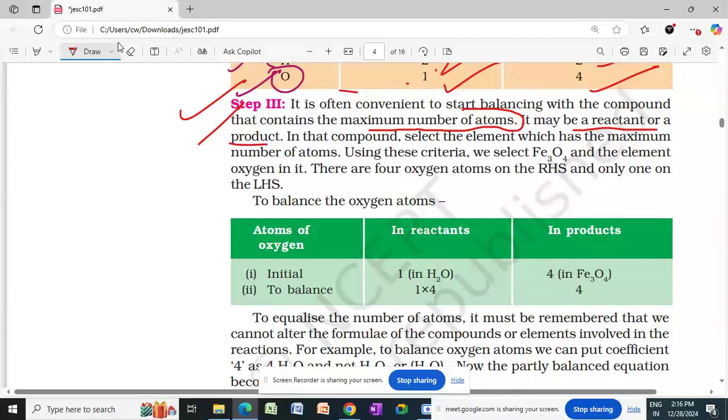In that compound, select the element which has the maximum number of atoms. So using these criteria we can select Fe3O4.